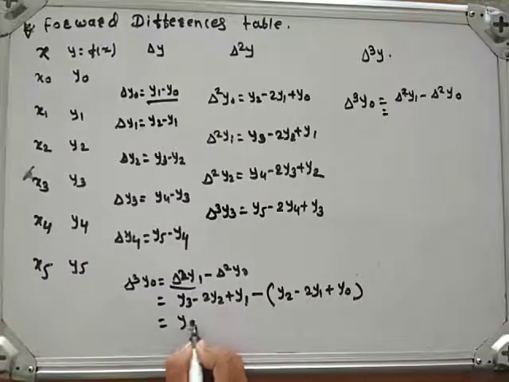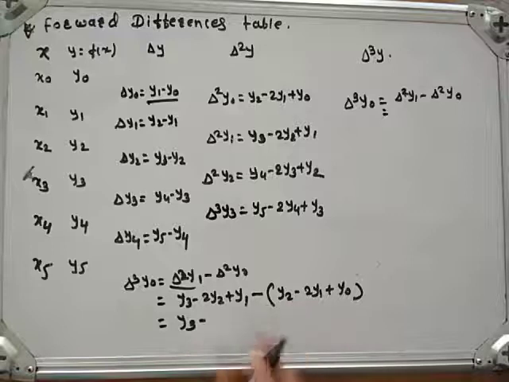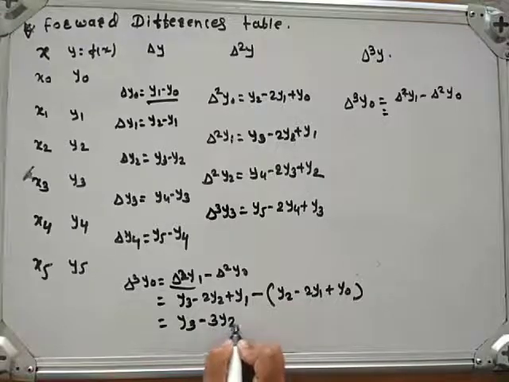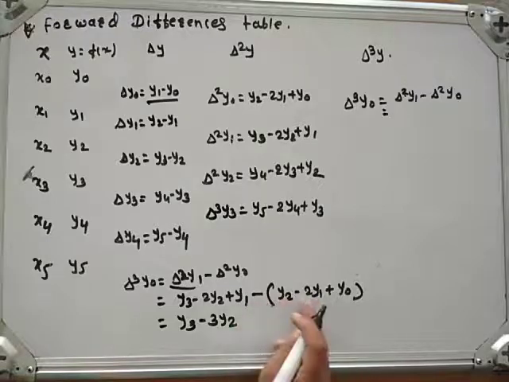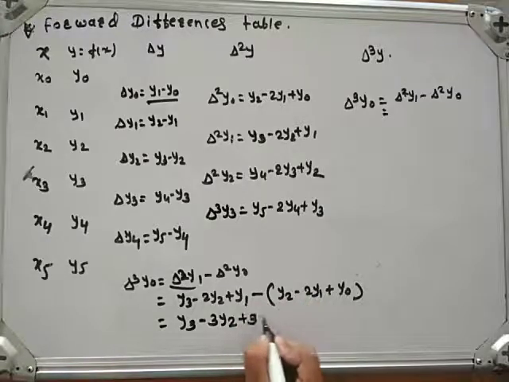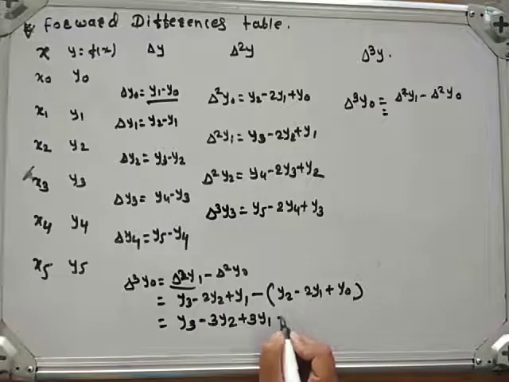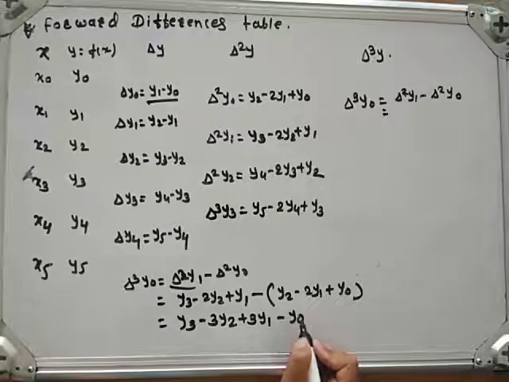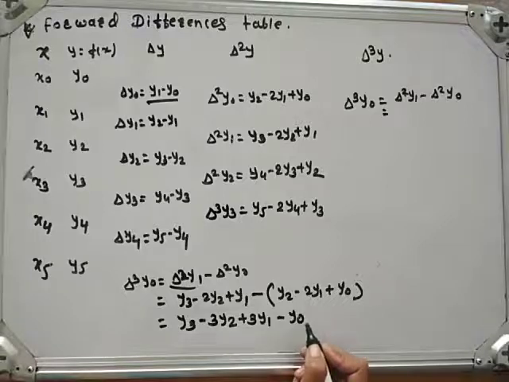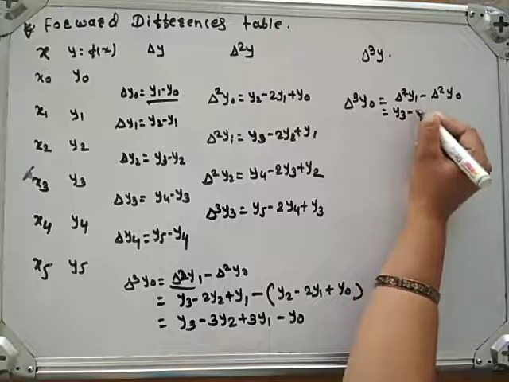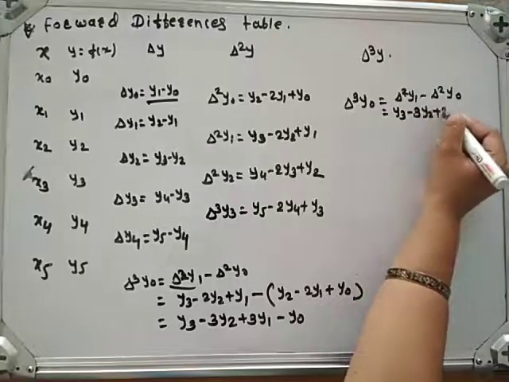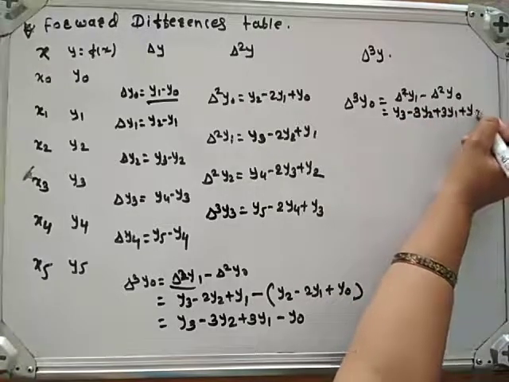So y3 as it is, minus 2y2 minus y2 is minus 3y2, plus y1, and here the minus becomes plus, so 3y1, minus y0. Therefore, it is y3 minus 3y2 plus 3y1 minus y0.